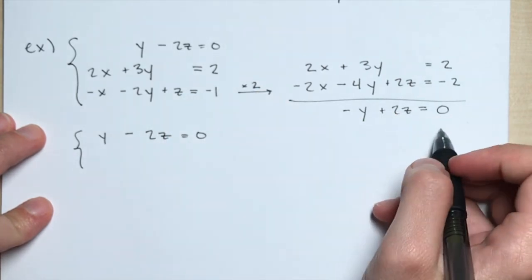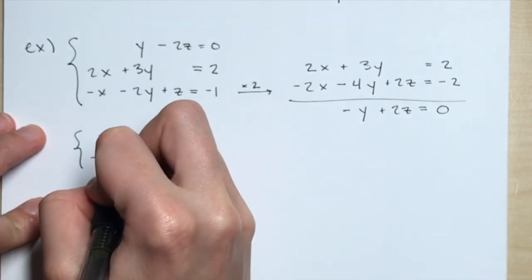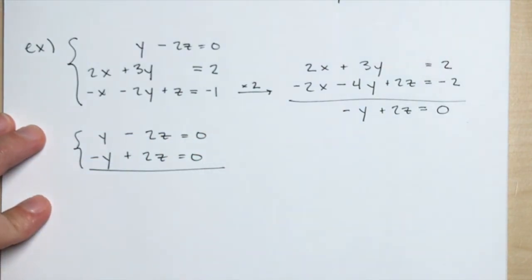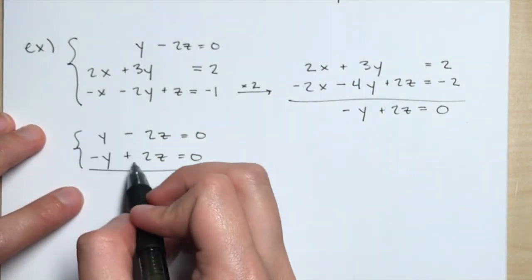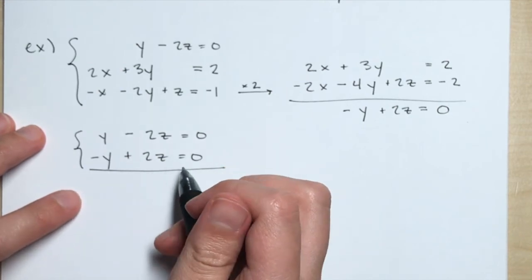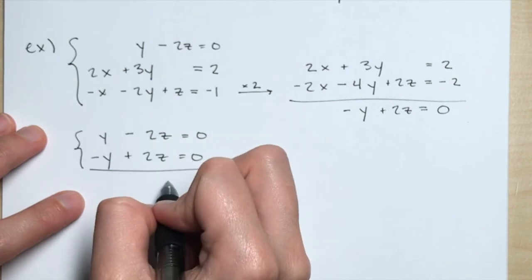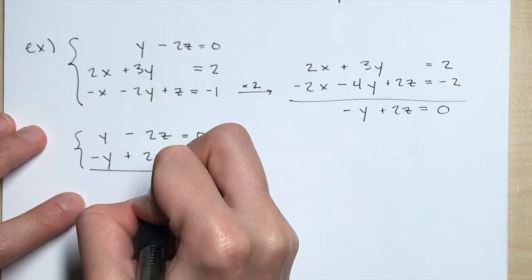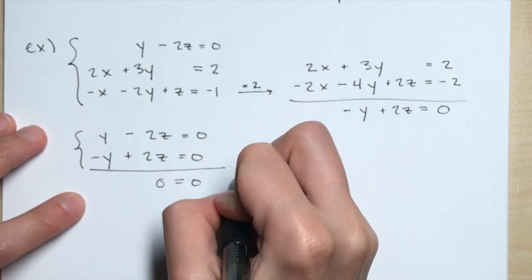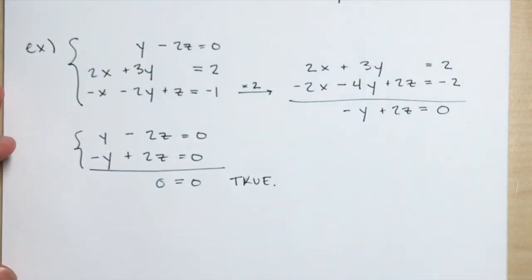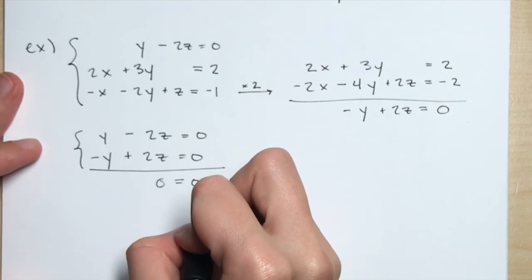My second equation is -y plus 2z equals 0. If I add these together, we're already set up for elimination. If I add these together, I get 0, 0, and 0. This is another one of those infinitely many solutions situations, right?